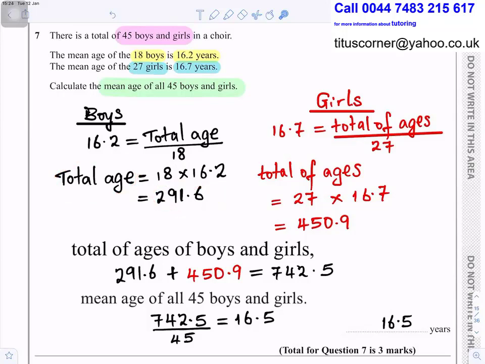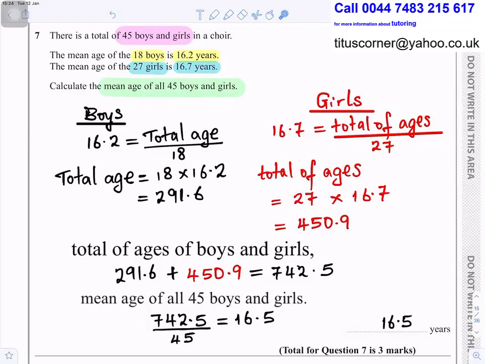Let's go and see for the girls. The mean 16.7 equals the total of their ages divided by 27 girls. So you take 27 to the left side, 16.7 times 27 gives you 450.9. So the total of the ages of all the girls is 450.9.